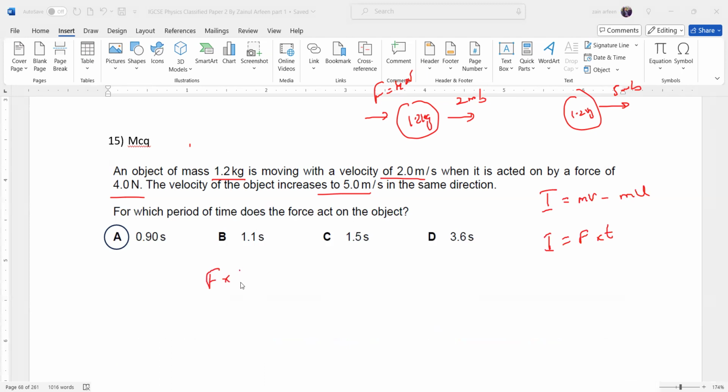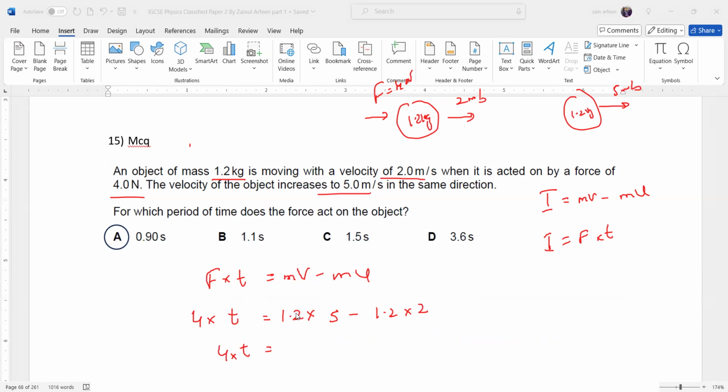So force into time equals mv minus mu. Force is 4, time we don't know. The mass is 1.2, the final speed is 5, minus the mass 1.2 and the initial speed was 2. And this will be 4 into t.